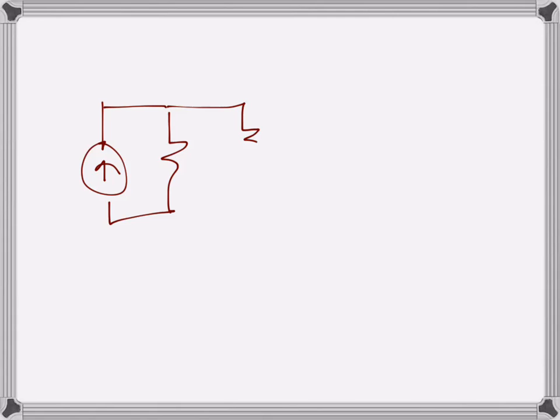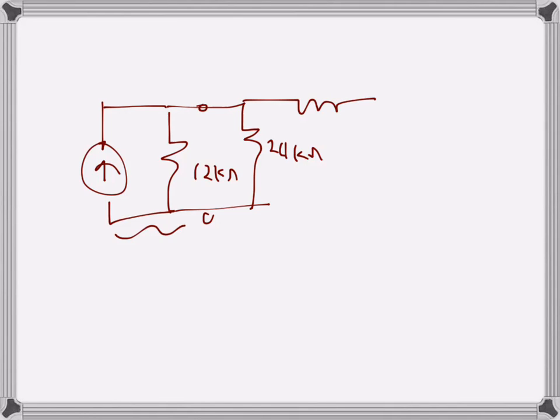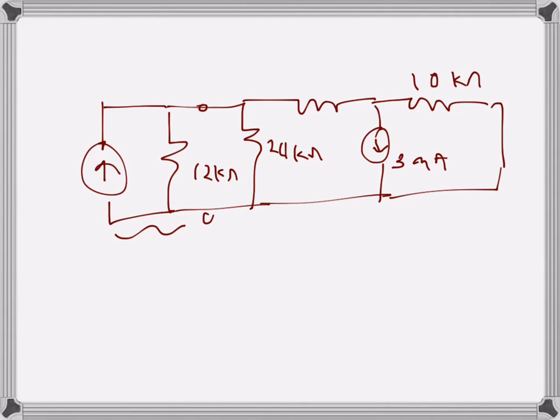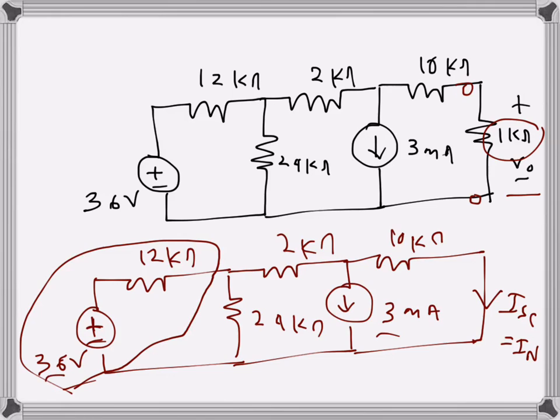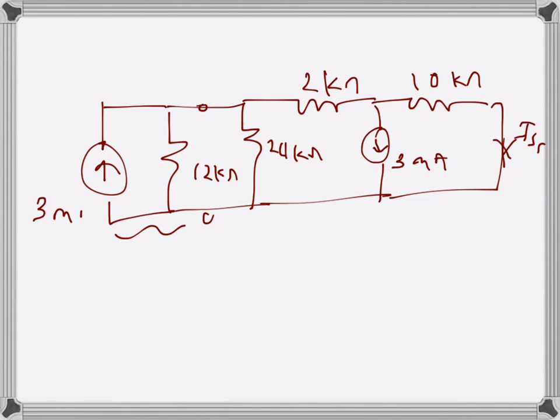So this is 12 kilo ohms, this is 24 kilo ohms, nothing changes from this side, only this part is changing, and here it's 3 milliamps, and everything else remains the same. This one here is 2 kilo ohms, and the value of the current source will be 36 over 12, so that will be 3 milliamps.